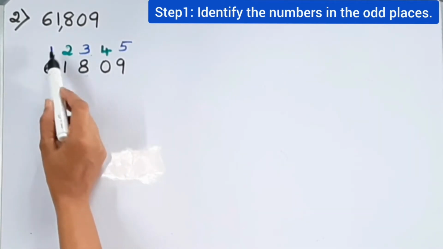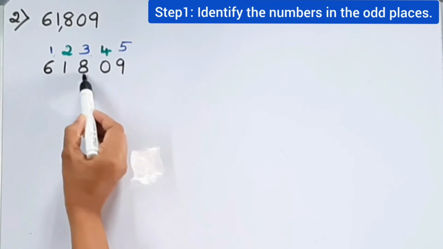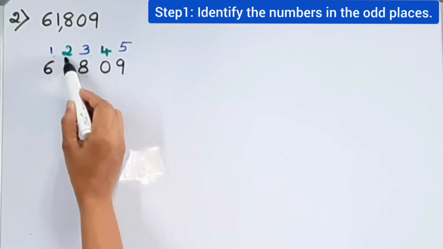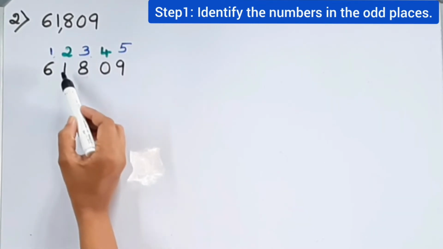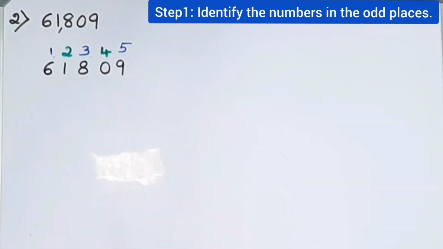Since 1, 3, 5 are odd places, 6, 8 and 9 are in the odd places. 2 and 4 are the even places, so 1 and 0 are in the even places.